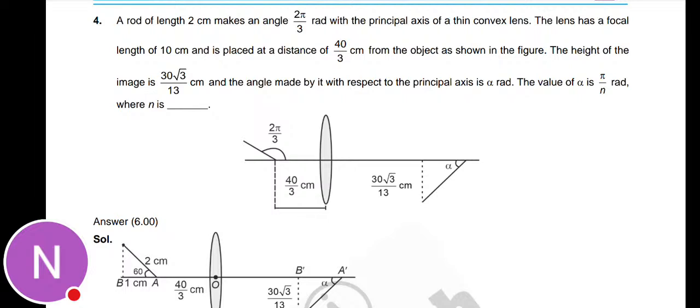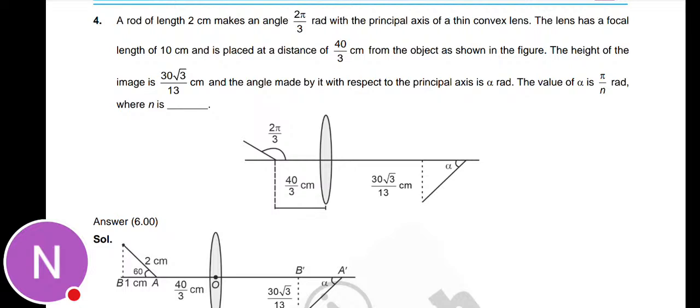The height of the image is 30√3/13 centimeter, and the angle made by it with respect to the principal axis is A radians. The value of A is π/n radians, where n is the value we have to find.